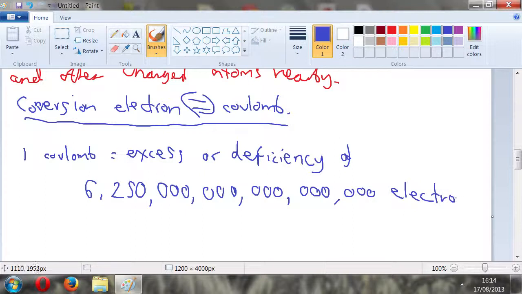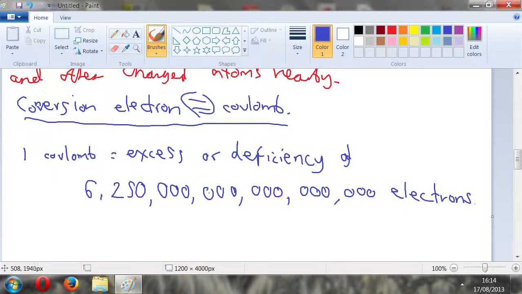What number is that then? Let's see if I can work it out. With 6 noughts, we've got 1,000,000. With 9 noughts, 1,000 million.